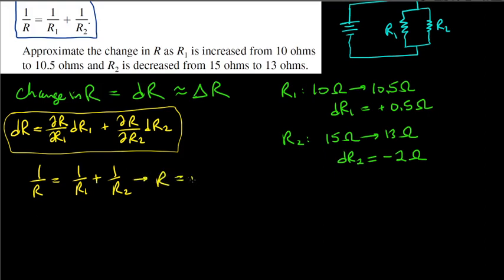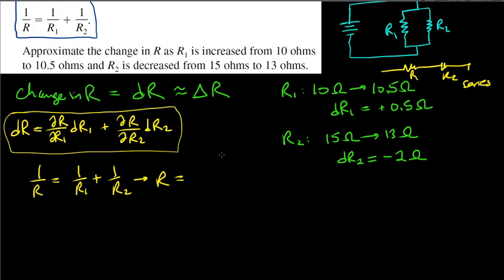So please don't make this mistake. It's not R1 plus R2. You cannot just take the reciprocal of the sum and expect it to be the sum of the reciprocals. That would be for a series circuit, with R1 and R2 in series, but here they're definitely in parallel. That's what the question says.